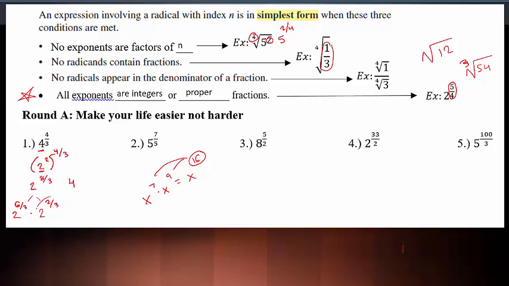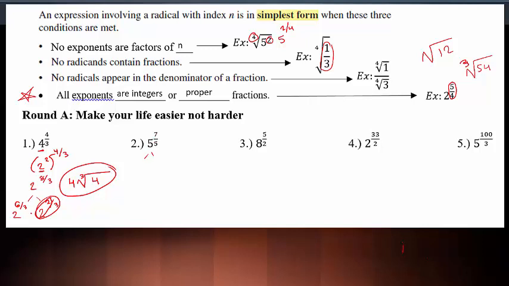Since this problem right here, that part, is not violating any of my rules up here at the top, I'm going to go ahead and write it back as a radical. So it's going to be the cubed root of 2 squared, which is 4. So the answer is 4 cubed root 4. Now number 2 is a little easier because 5 does not break down. However, 7/5 is not okay.